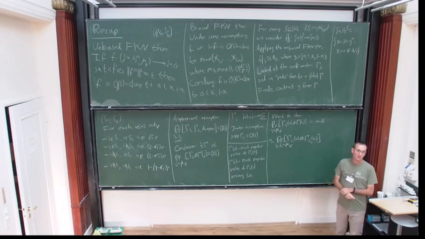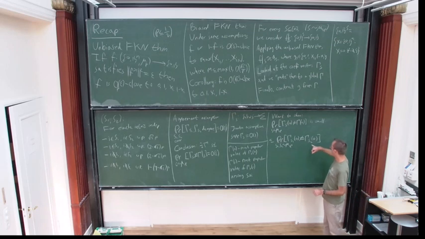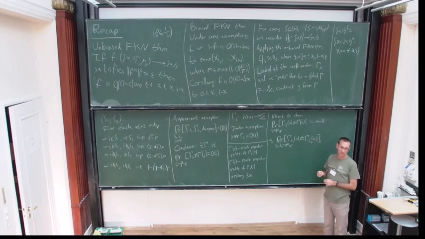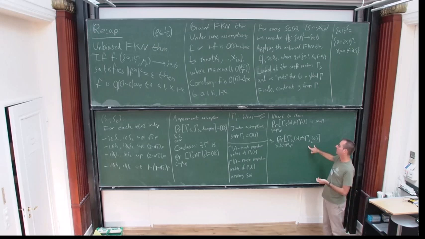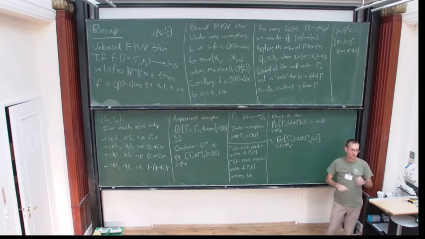To prove this inequality, you first sample S2 and look at gamma_S2 of 0, and you say the probability that gamma_S1 of 0 is different from this value is at least the probability that gamma_S1 of 0 is different from the most popular value of gamma_S of 0. This is how we relate the probability that we're interested in to something that at the very least involves two functions which are sampled independently. This is maybe a bit confusing, but if you write it out, then you see that it's true.